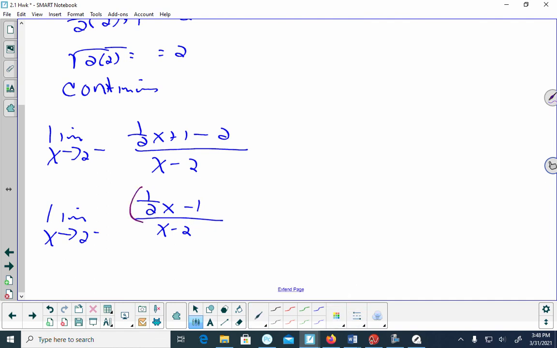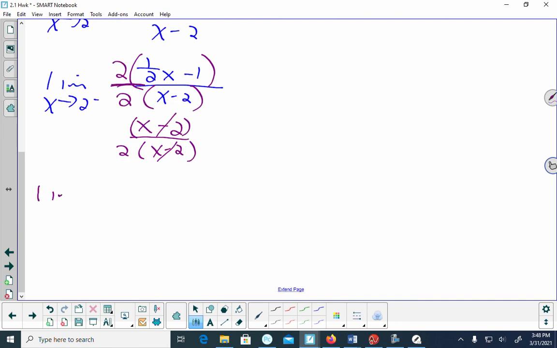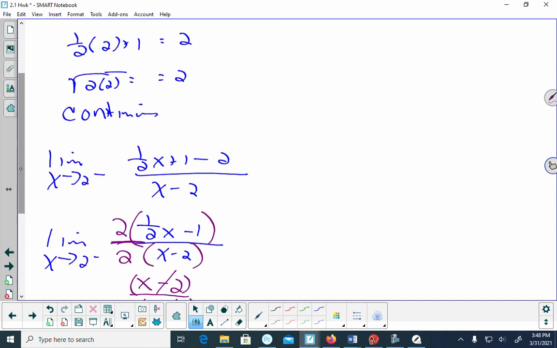If I multiply the numerator by 2, I have to multiply the denominator by 2, so I have x minus 2 over 2 times x minus 2. Now these x minus 2's will simplify, and I'm left with the limit as x approaches 2 from the left of just 1/2.